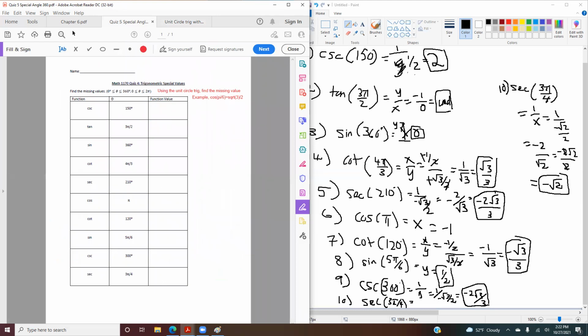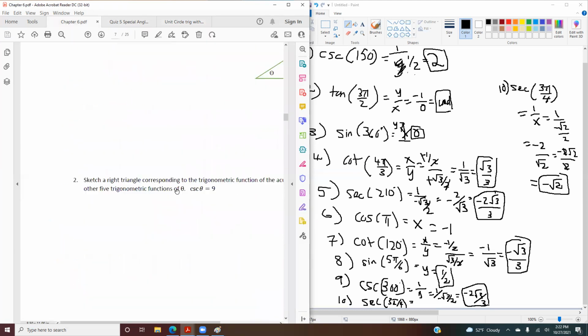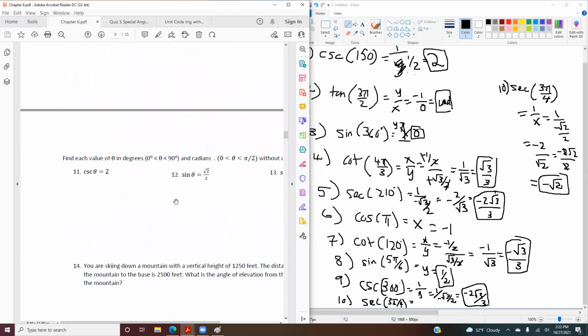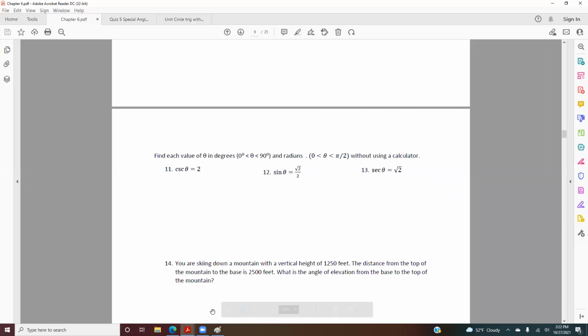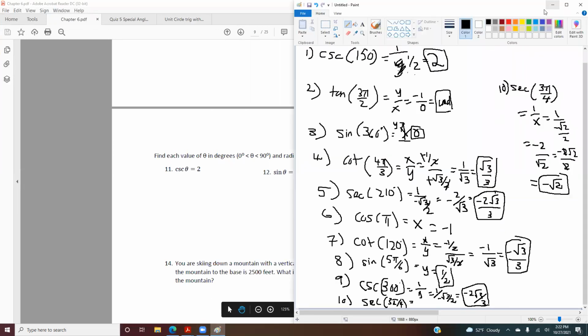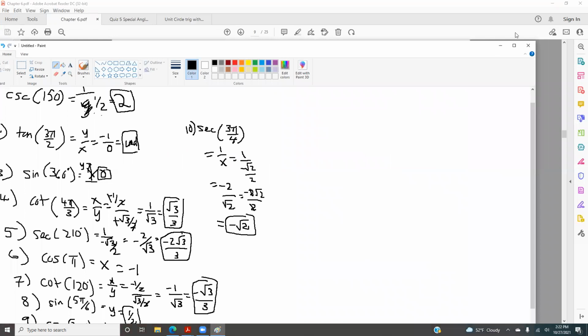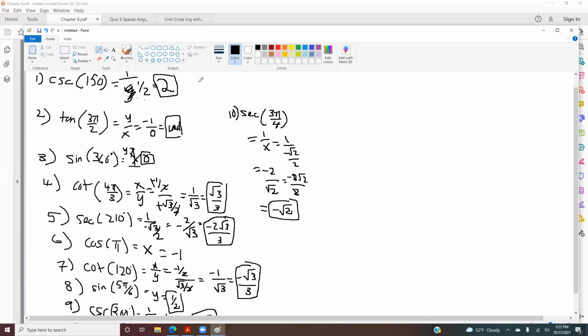Sometimes we do the opposite: I give you the value, like number 11, 12, and 13, and you give me the angle. For example, we know secant 150 degrees is 2, right? So if I ask you cosecant theta equals 2, then what is theta? Your answer will be 150 degrees.